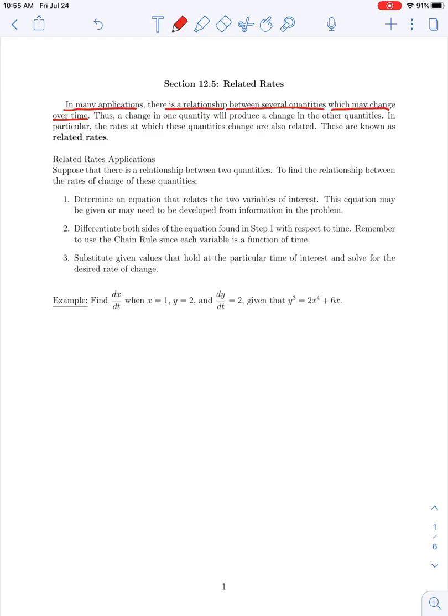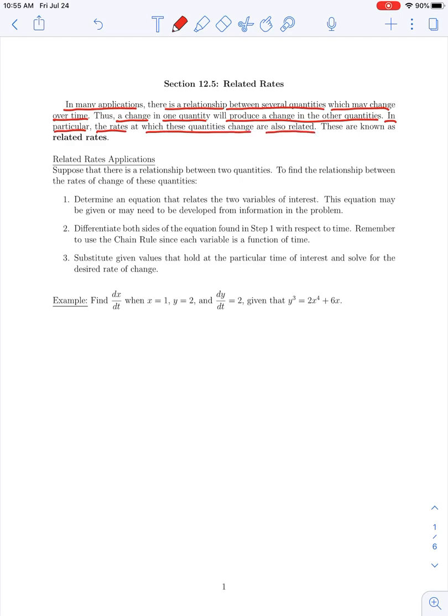So if we were to experience a change in one of these quantities, that would produce a change in the other quantity. That is, if we change the price charged for some good, then the quantity supplied or demanded might change. So in particular, the rates at which these quantities change are also related.